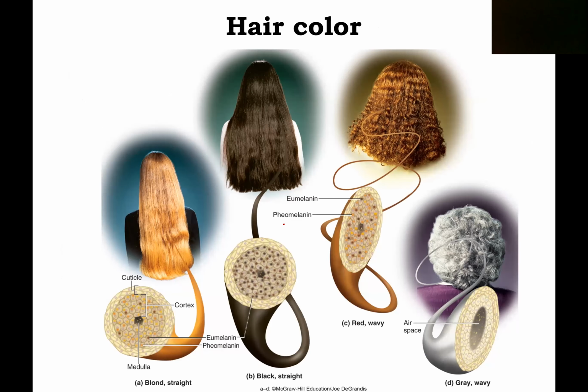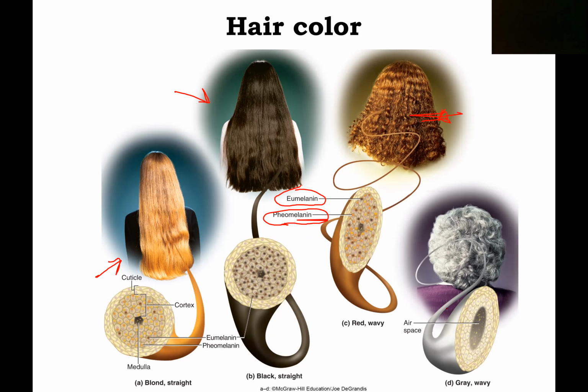Okay, so two different kinds of melanin are produced. Where and the quantity can determine hair color. So you have blonde, black, and red.